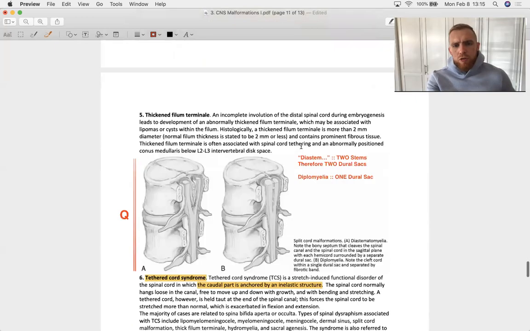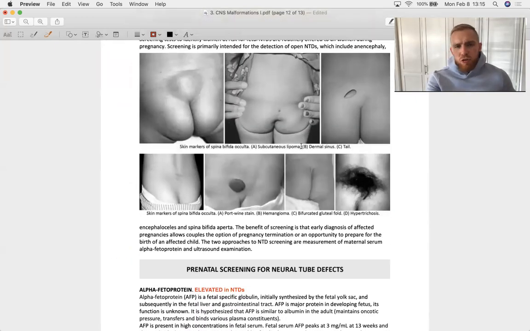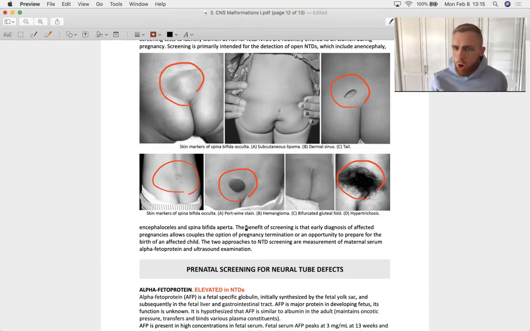And straight up, the way to know that there's a closed spina bifida going on in a patient is if they have some sort of mass or tuft of hair, maybe a tail or a hemangioma, or even something as benign as a port wine stain or a birthmark that's midline in the lumbosacral region. That means you've got a good doctor's intuition that there is a closed spina bifida occulta associated with this cosmetic malformation.